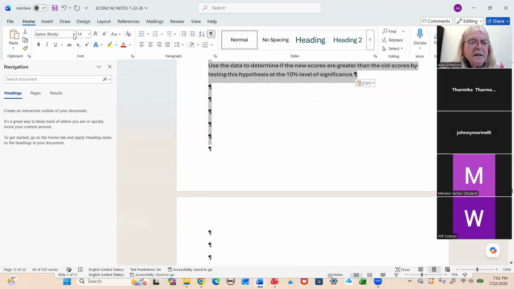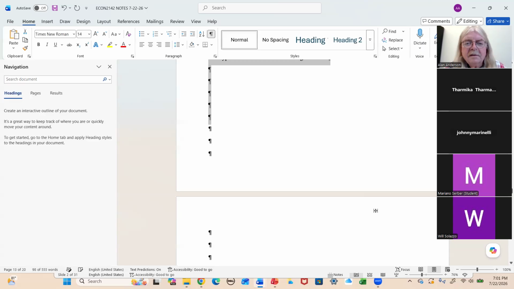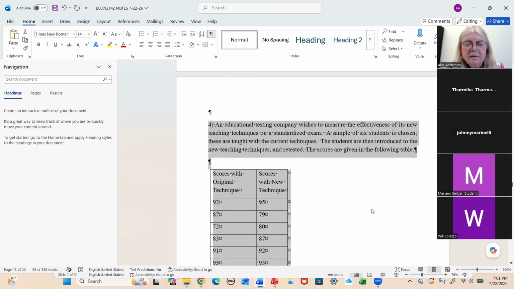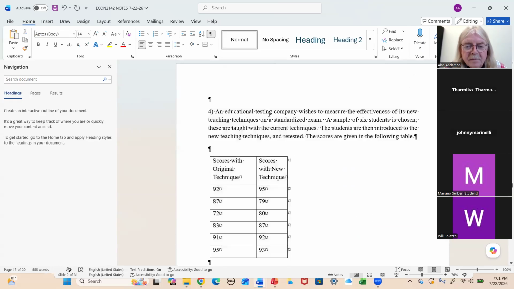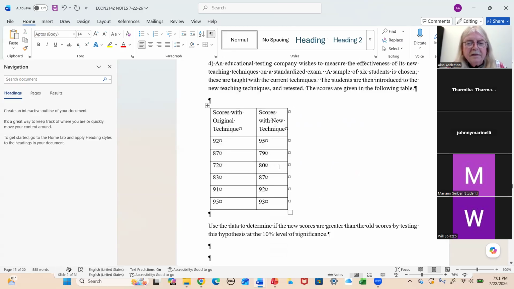Let's make this into Times New Roman. Now, here we're looking at some kind of an exam. The premise is that students take the test with the original technique, whatever it was. Then they learn the new technique and they try the exam again. Now, of course, we want the means to go up.